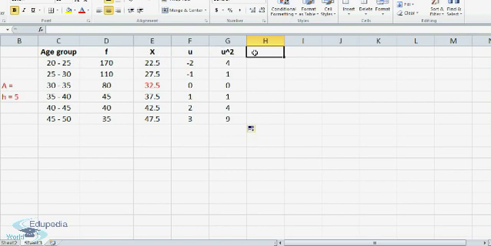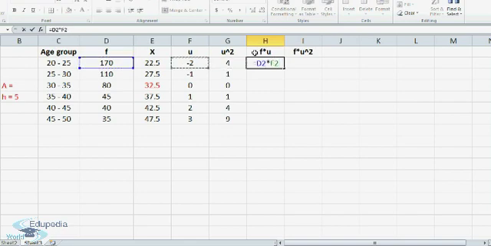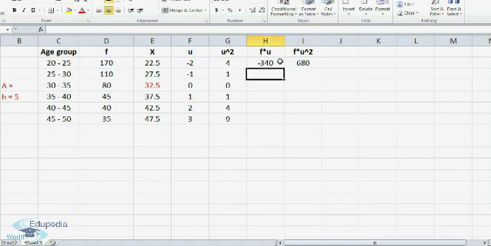So we have f multiplied by u in this column and f multiplied by u raised to power 2 in this column. So here it is f multiplied by u, and here we have f multiplied by the square of u.